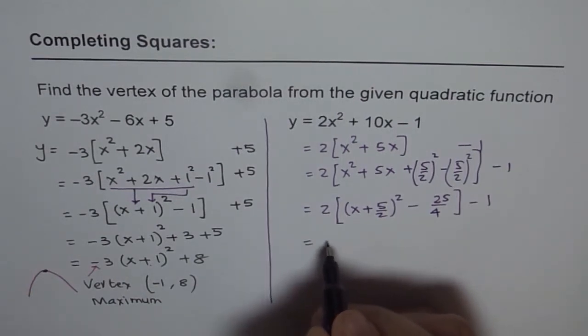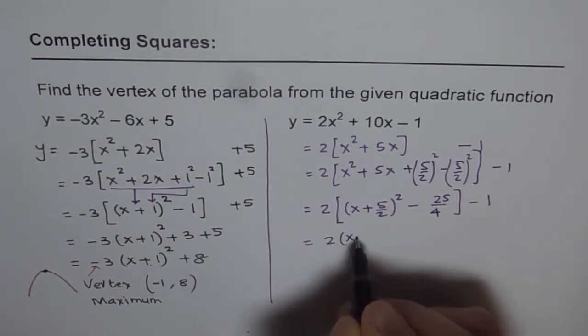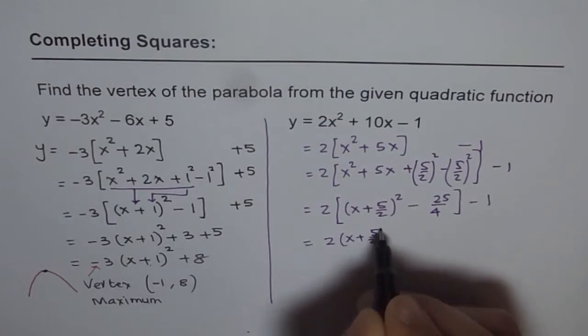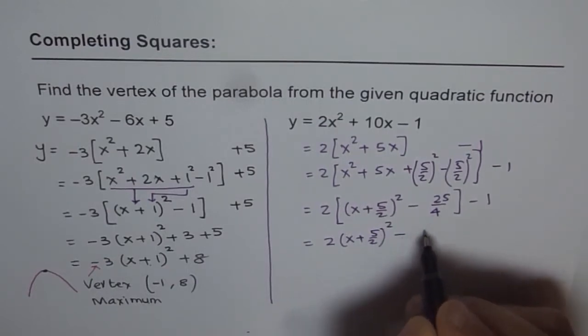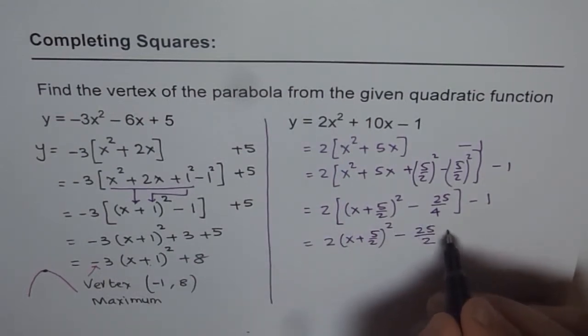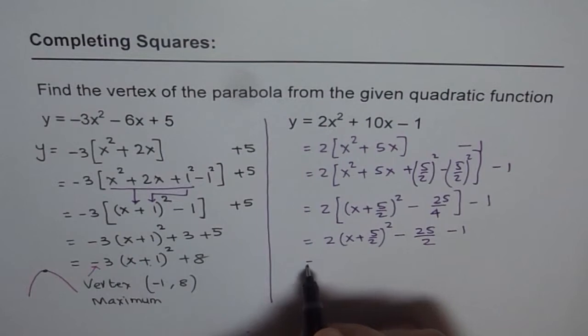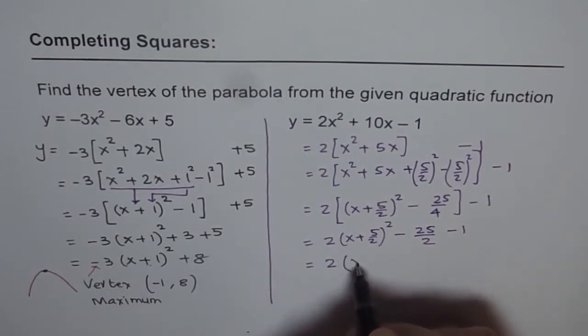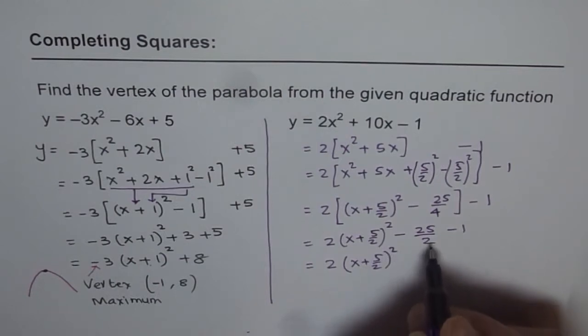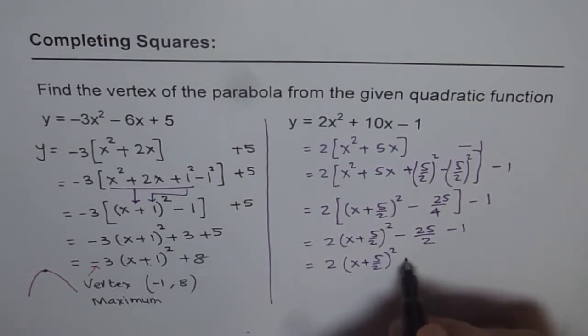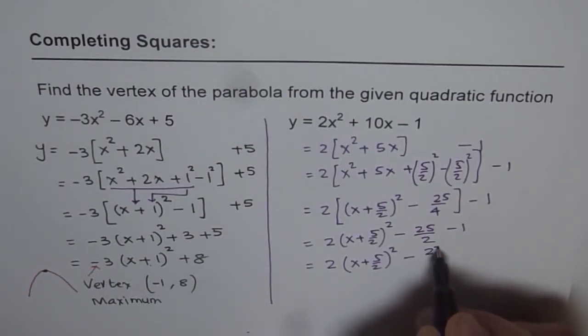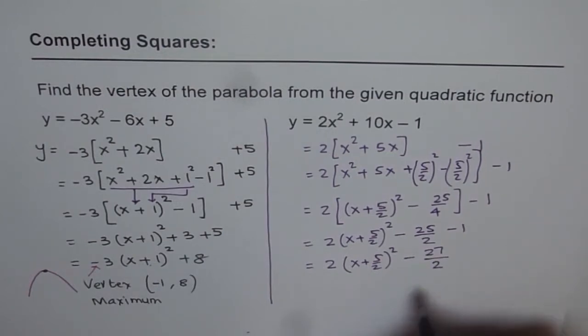Now let's open the brackets. We get 2 times (x + 5/2) whole squared minus 25 over 2. When you multiply by 2, one of them gets cancelled, right? Minus 2. And that gives you plus 2(x + 5/2)². And here when you take minus 2 this side, you get minus 27 over 2, right?